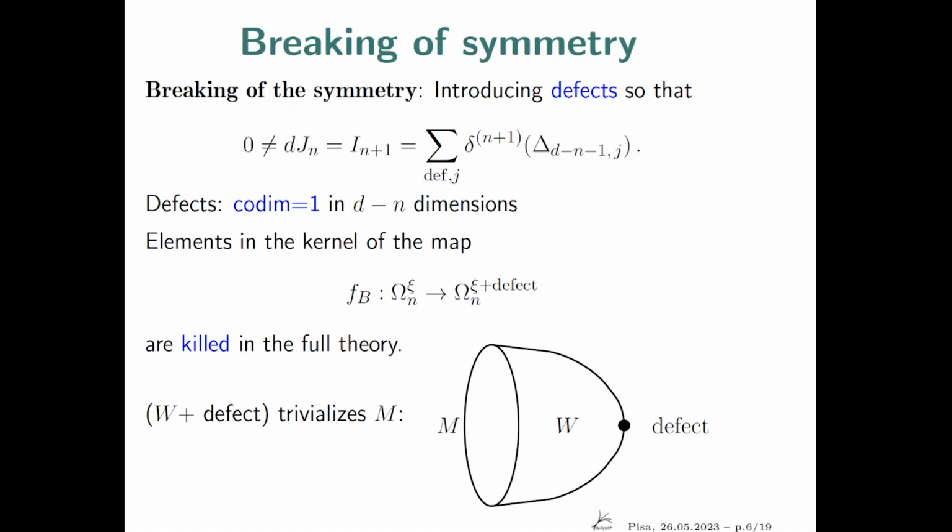So if you have a non-vanishing cobordism group, that tells you there are two ways. Either you gauge it, or if it's not possible to gauge it or it's just not gauged, then you need to try to introduce defects in order to trivialize it, to cap off this manifold in this way.